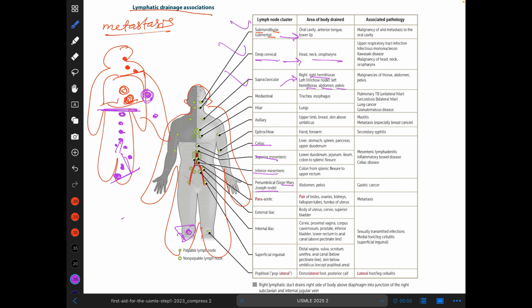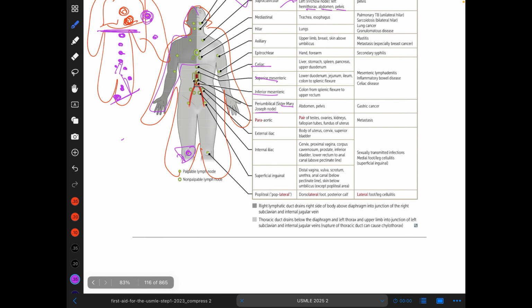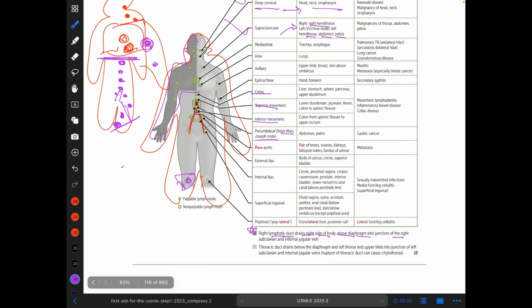The important point is what is happening below all of them. First, you can check the dark color. That dark red color maintains the lymphatics that drain the right side of the body above the diaphragm into the junction of the right subclavian and internal jugular vein.